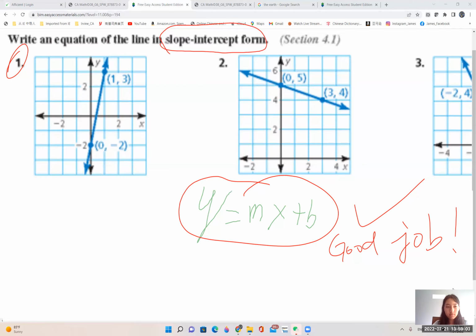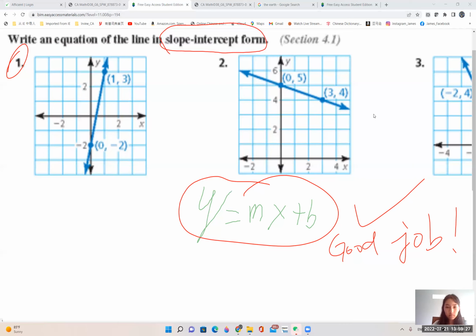You can just tell me if you forget. It's okay. You cannot run away. We get this done first.